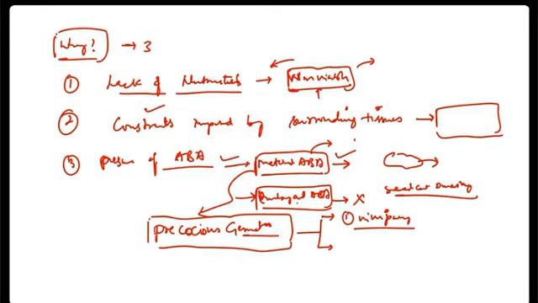But since I'm a PhD student, I know that this is a classification under precocious germination. So one is vivipary. What can be the second one? Can anyone guess? This is pre-harvest sprouting. Have you heard about the term pre-harvest sprouting?